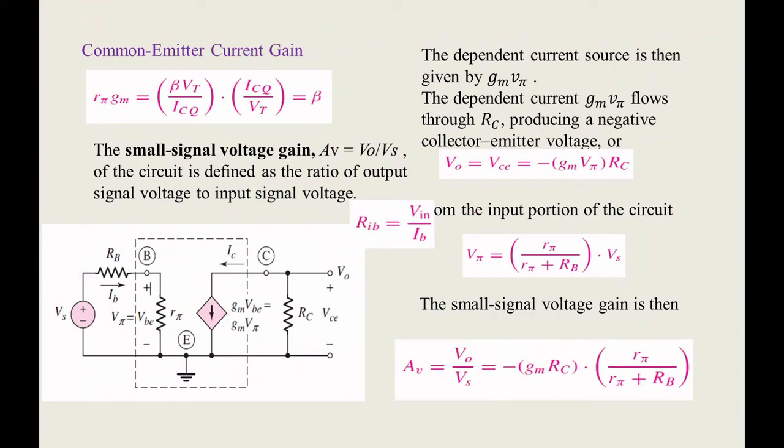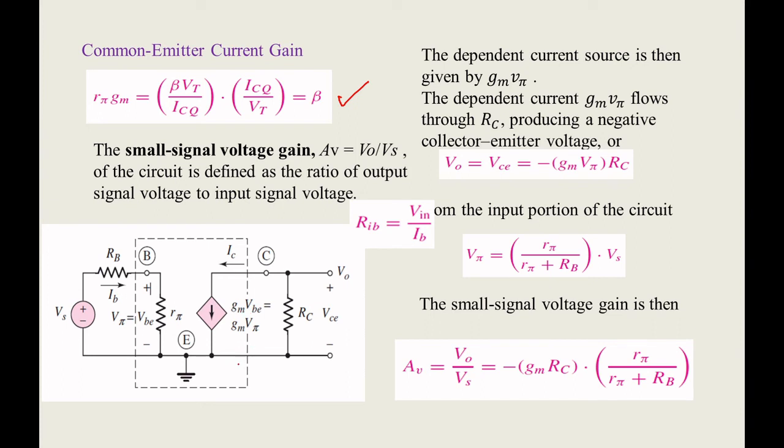So this I already explained, that is beta, it is given here. Another very important thing to proceed to the common emitter derivation part is RIB. You want to understand what RIB is.